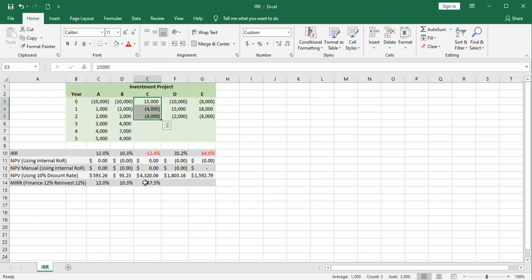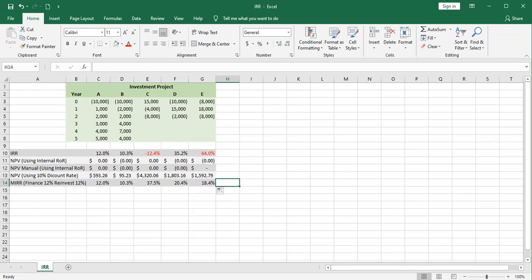That sounds like a reasonable answer. And I would say at first glance, these other answers look reasonable as well. So modified internal rate of return is another alternative to net present value analysis.